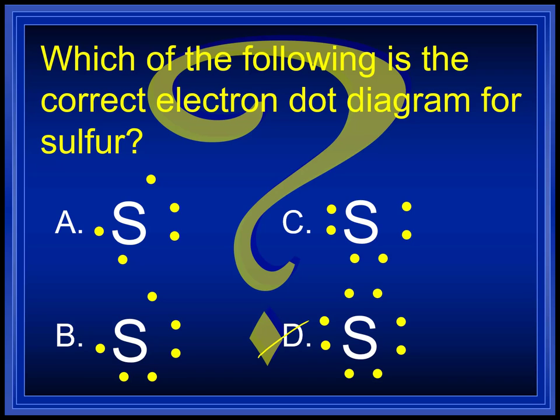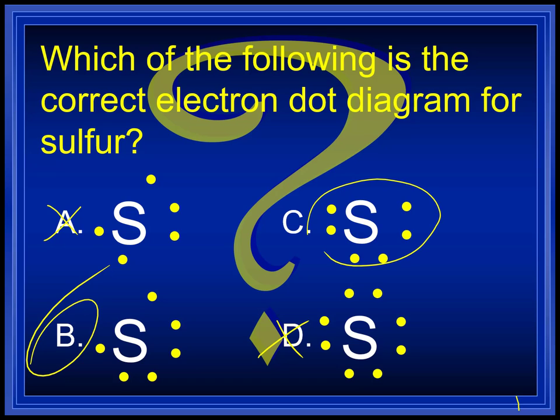D. And we could also eliminate A, because A is only 5. D was 8. And I need 6. So both B and C have 6. But B is the correct answer because C has everything paired up, which would make us think that we're full, yet we're not full with that one.